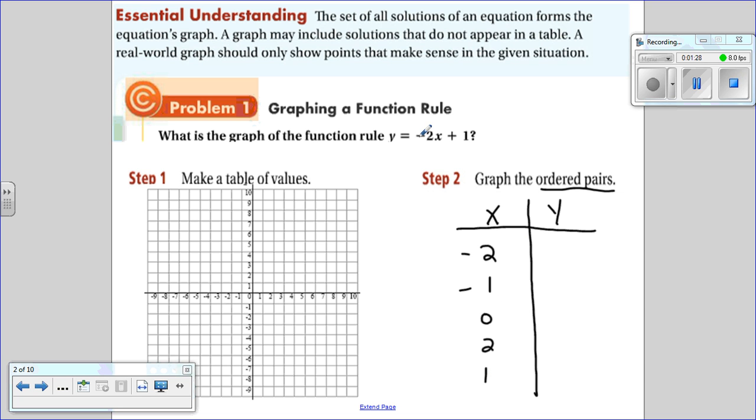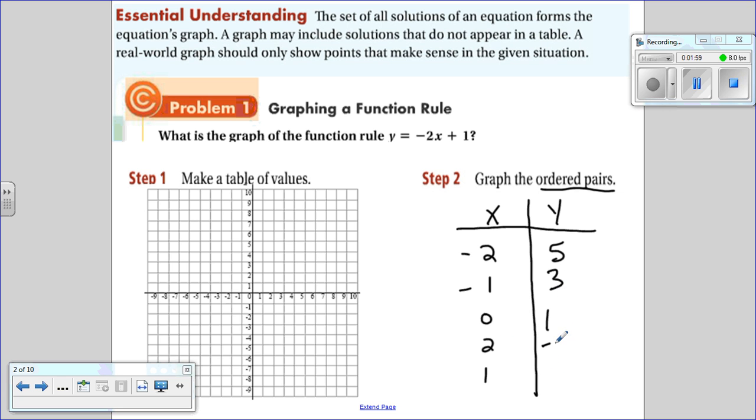So when I do this, I take -2 times -2, which is 4, plus 1 is 5. -2 times -1 is 2, plus 1 is 3. 0 times -2 is 0, plus 1 is 1. -2 times 2, -4, plus 1, -3.